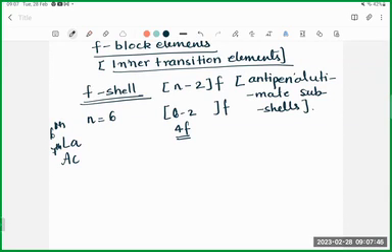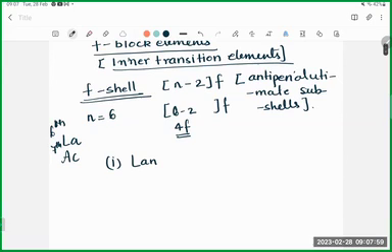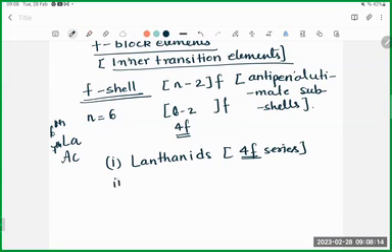So we have the lanthanide series named the 4f series and the actinoid series named the 5f series. Clear? So lanthanides are the 4f series. Did you understand the meaning of 4f? 4f means n minus 2, right? 6 minus 2 will be 4f. And the second is actinides.